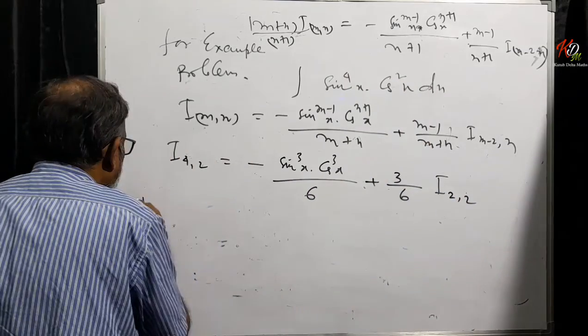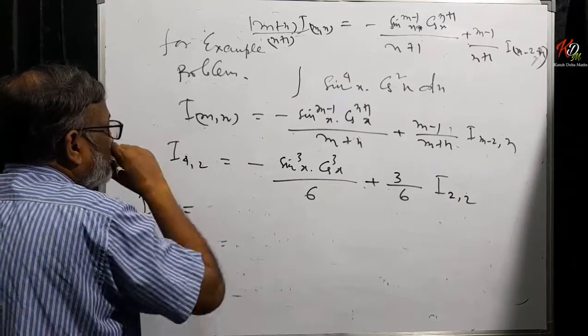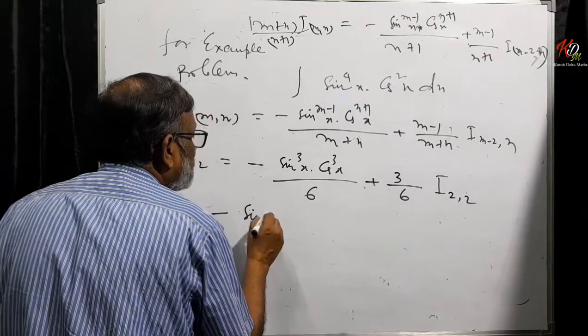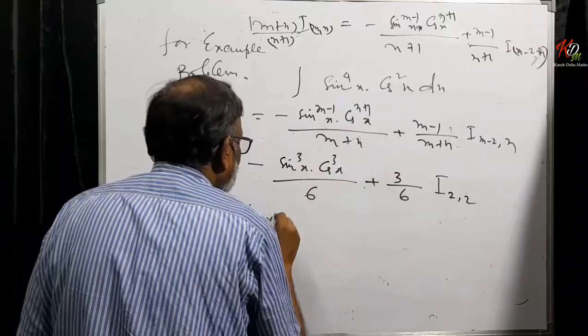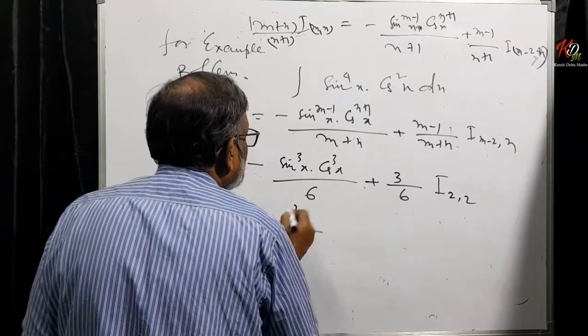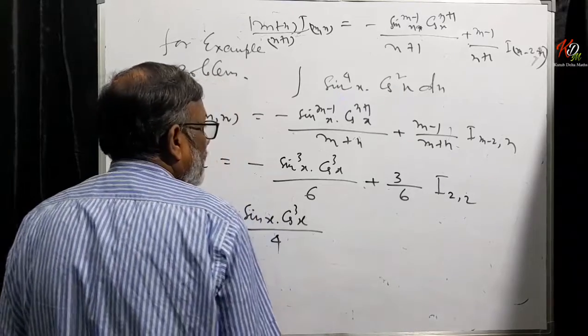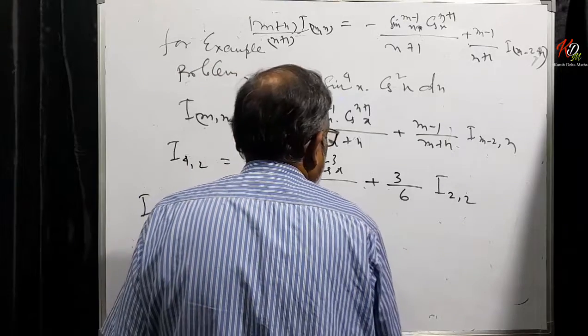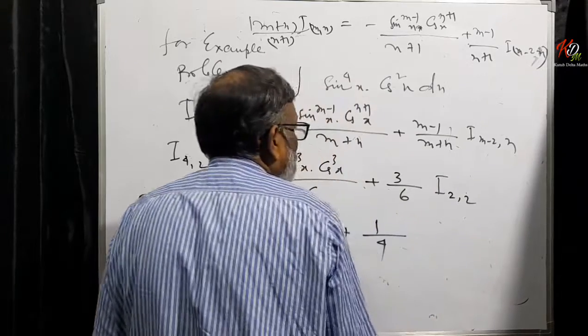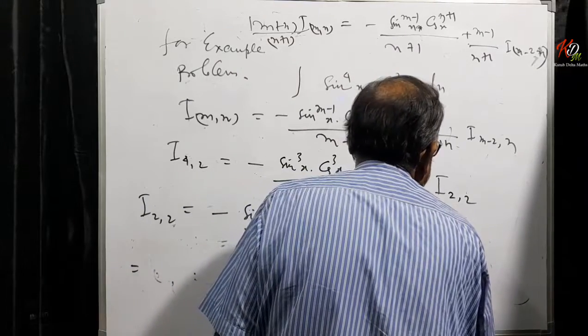Now I 2 2, putting minus sin x cos cube x by 4, plus 1 by 4 I 0 2.